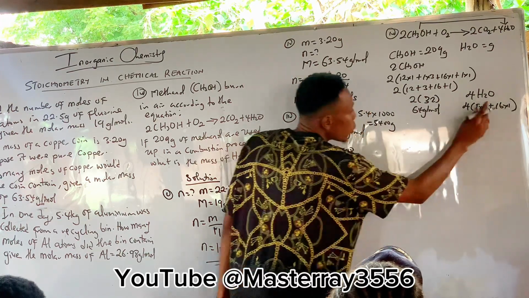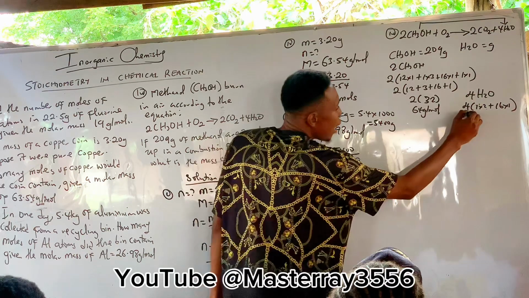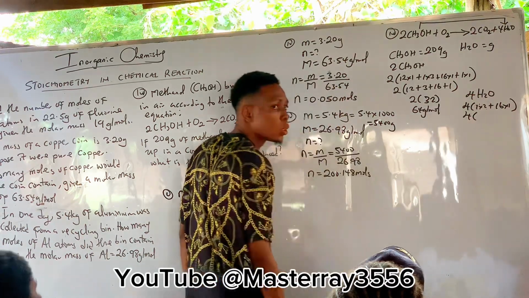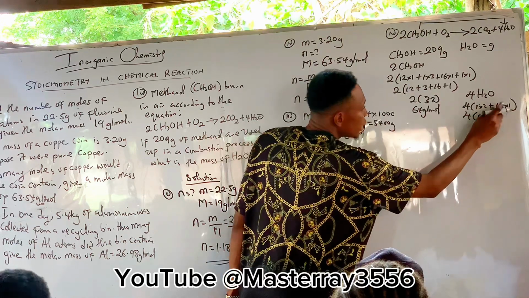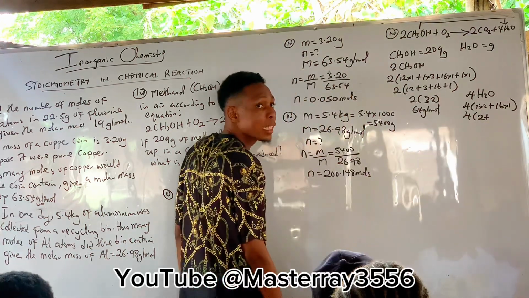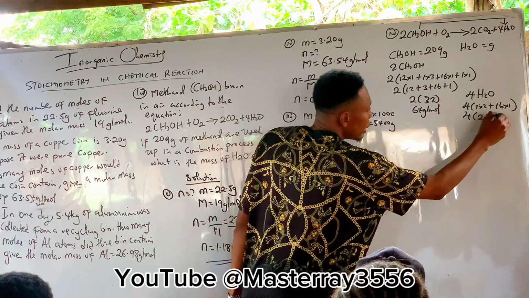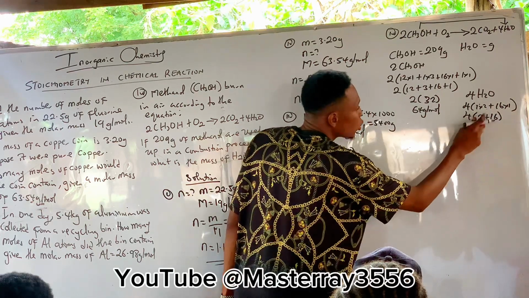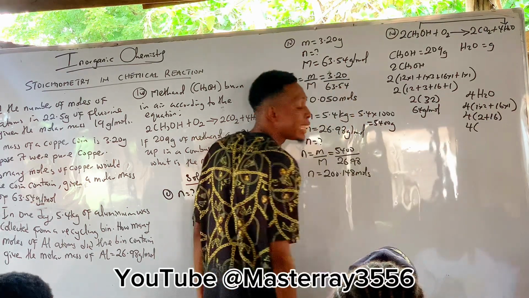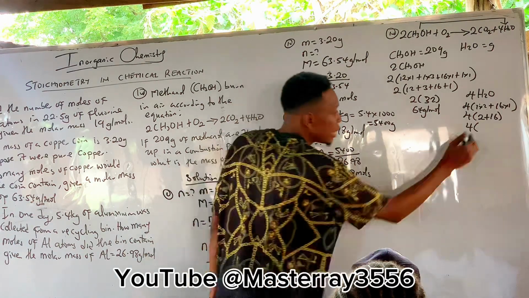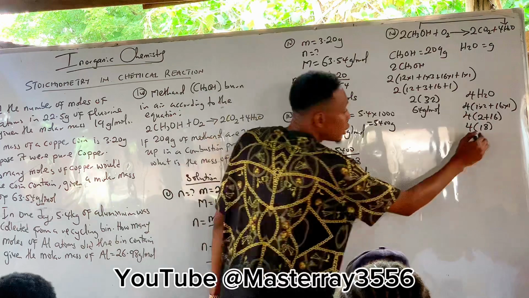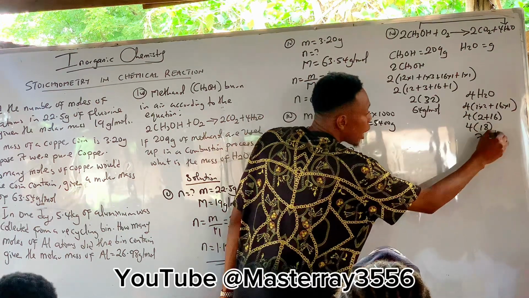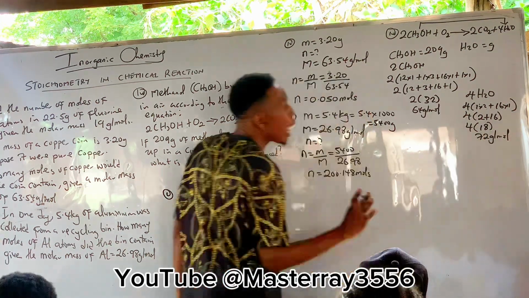So we have 4 brackets, 1 times 2, which gives us 2, plus 16 times 1, which is 16. So from there, 2 plus 16 is 18. So 4 times 18 gives you 72 grams per mole. Now please pay attention.